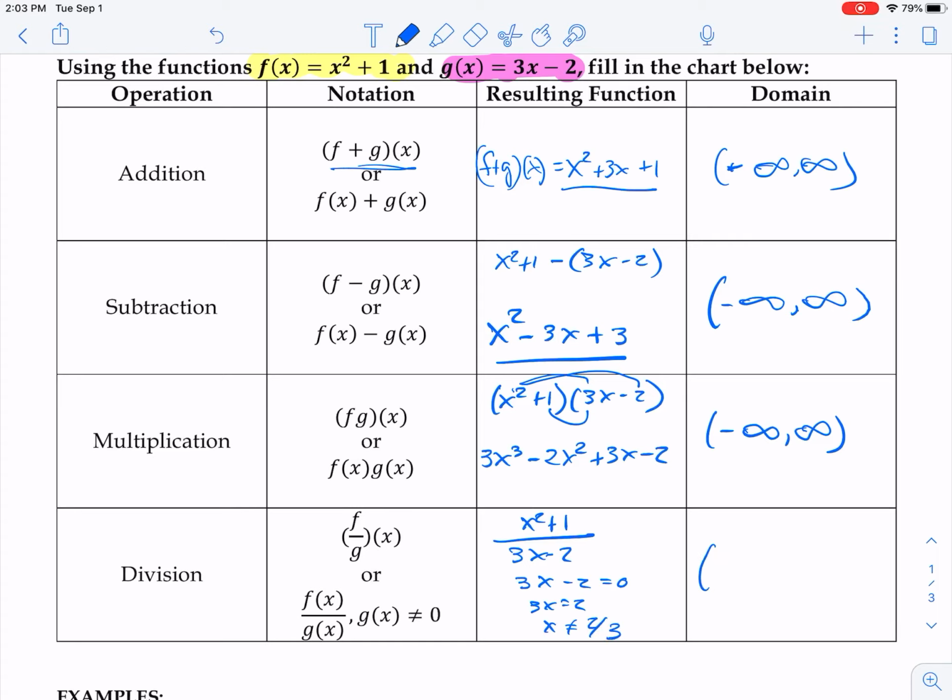So that's my domain, it goes from negative infinity to 2/3, and then 2/3 to infinity, because in the resulting function, that 2/3 is excluded from the domain.